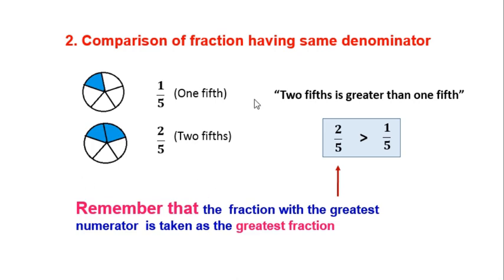How do you read this? 2/5 is greater than 1/5. So you can remember here the fraction with the greatest numerator is taken as the greatest fraction. See, 2 is greater than 1. So we can select this fraction as the greatest fraction.